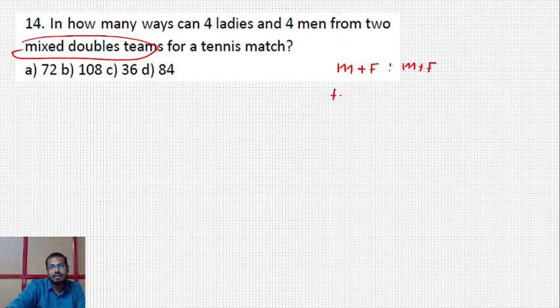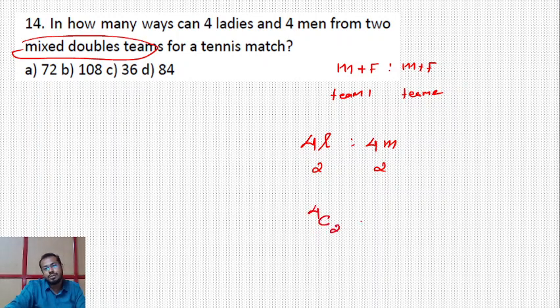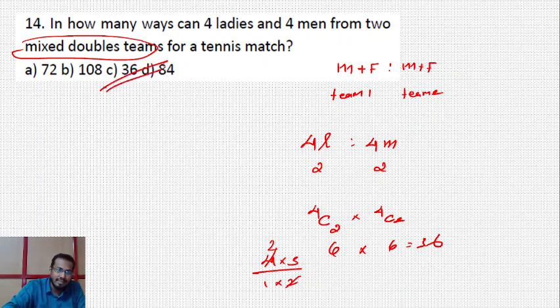So this is team 1 and this is team 2. Out of 4 ladies and 4 men, I'm going to select two of each. So 4C2 into 4C2. What is 4C2? 4 into 3 over 1 into 2, which is 6. 6 into 6 is 36. So 36 is the right answer.